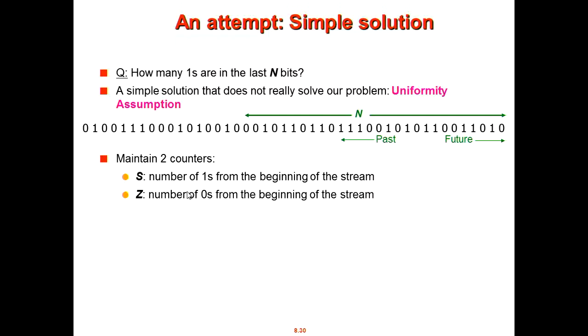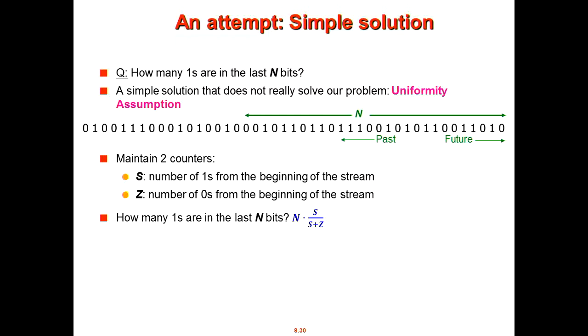And another counter is Z, the number of zeros from the beginning of the stream. And how many ones are in the last n bits? We can just use this to do an estimation. S is the number of ones from the beginning of the stream, and Z is the number of zeros from the beginning of the stream.